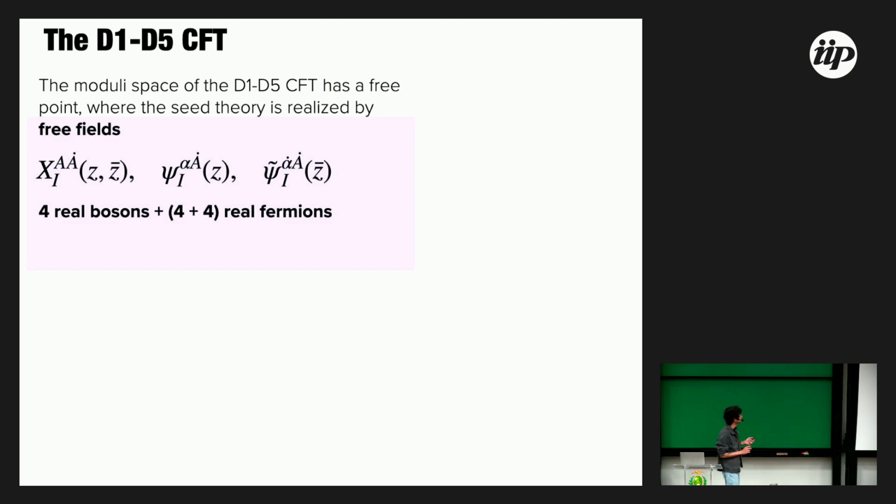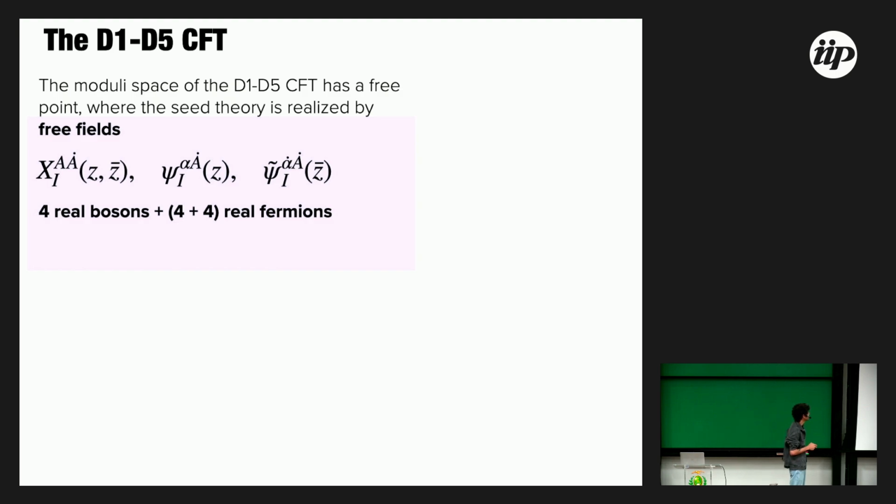So the D1D5 CFT is dual to a gravitational solution, and it must be a strongly coupled CFT because of the properties of the AdS/CFT correspondence. And it's difficult to compute things in strongly coupled CFT field theories. However, there is a point in the moduli space of this strongly coupled CFT where the fields are free.